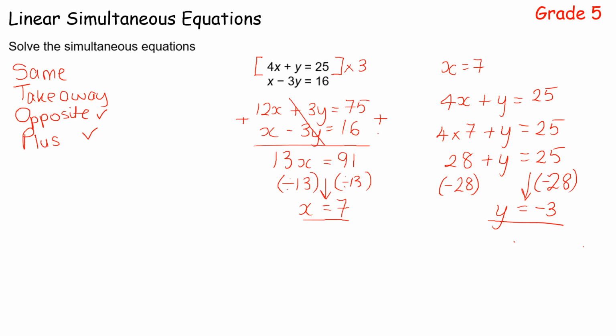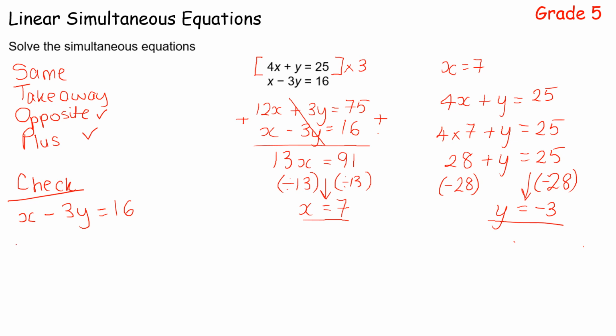What I could do as an extra is just do a quick check. So I could use the second equation, x minus 3y equals 16. Now if I substitute my x and my y into this equation and I get out 16, then I know that I have got the correct values for x and y. So let's just check.